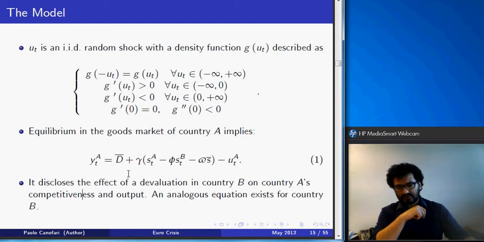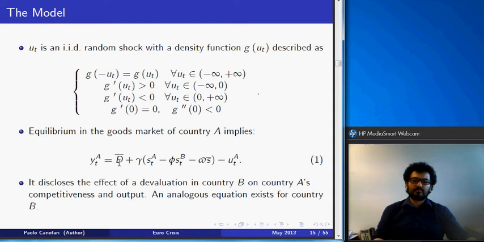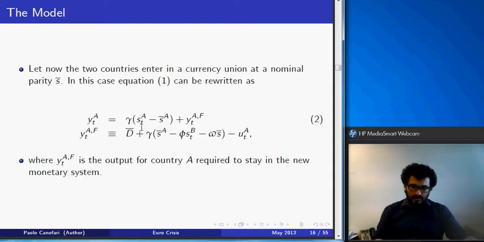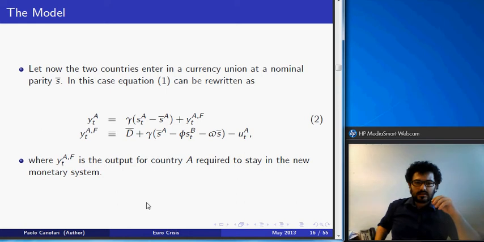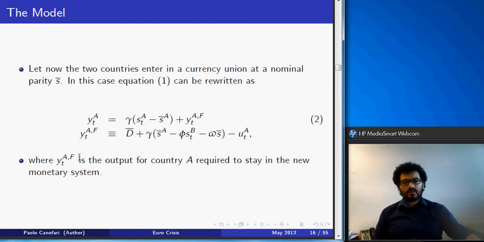This equation shows the effect of the devaluation of country B on the output for country A through the channel of competitiveness, because if we have a devaluation for country B, this means a reduction in output for country A. But we can see that the equilibrium can be written in this way, assuming that country A is in a monetary union, so that country A fixes the exchange rate, entering with a fixed parity as A bar.